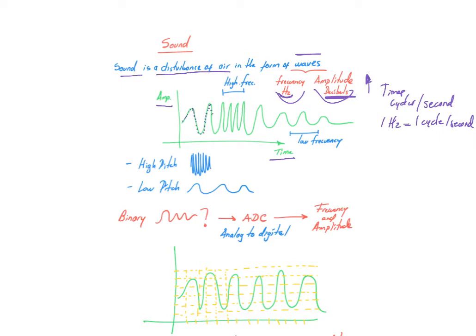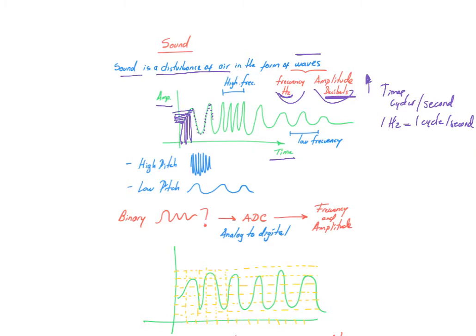So if I start sampling this, I'm going to have one value of amplitude for this particular moment in time. It's just like any graph that you have seen in math or physics, right?